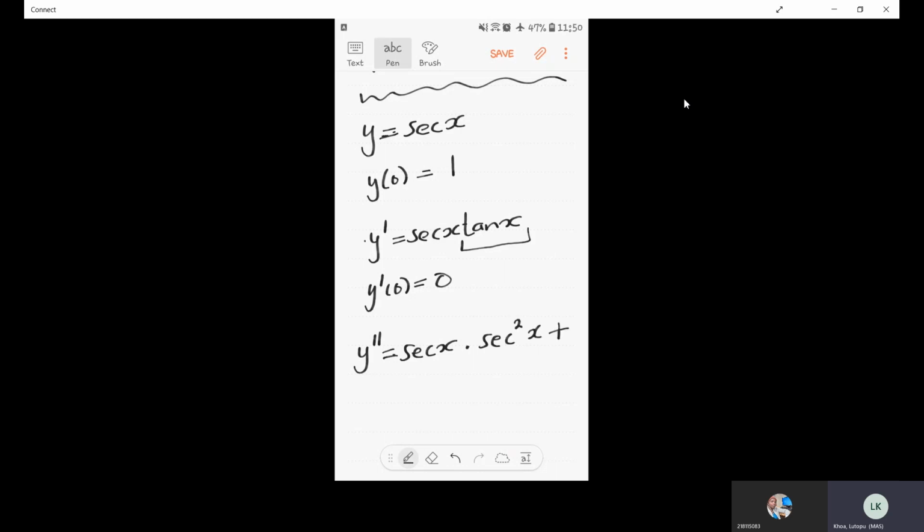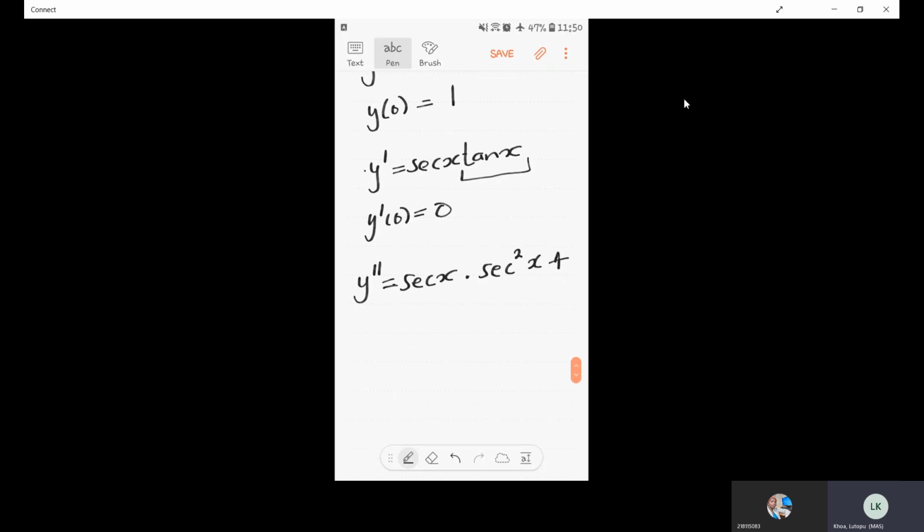Then I add this to the derivative of sec x, which is sec x tan x, multiplied by tan x. Then I simplify this, and what I get is sec cubed x plus sec x tan squared x.